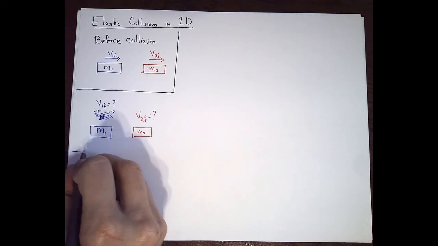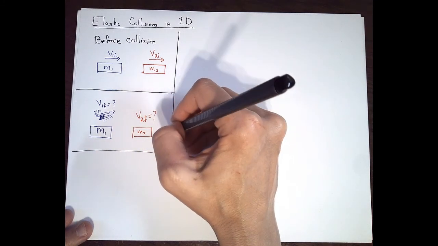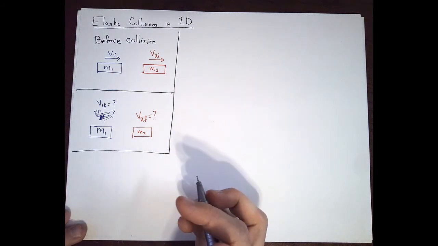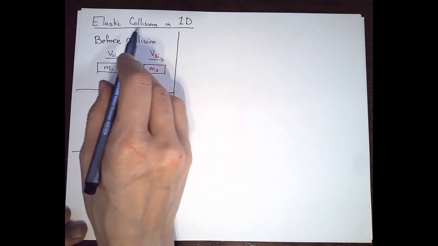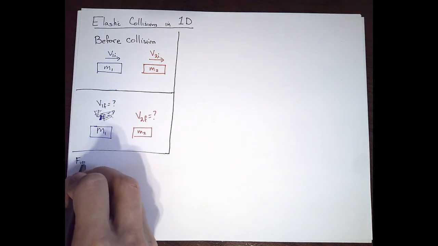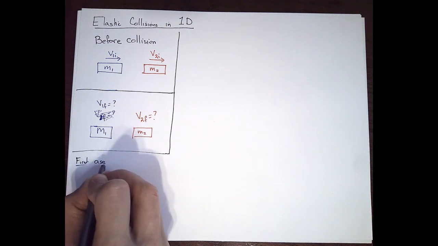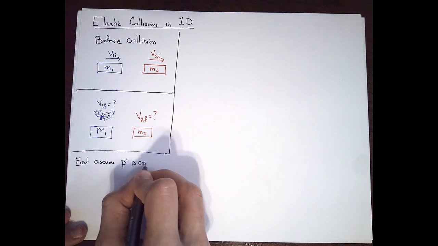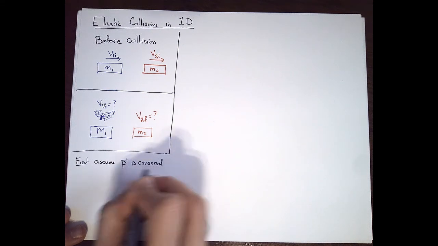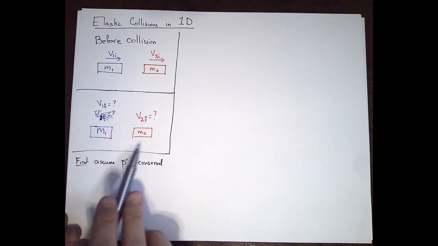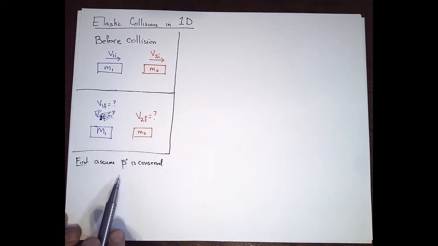Well, it's not simple, even if you're pretty comfortable with the concepts. So what are the things we know about the situation? First, we're going to assume momentum is conserved. Maybe we're told that explicitly in the problem. Maybe we can see for ourselves that the external forces on this system add up to 0.